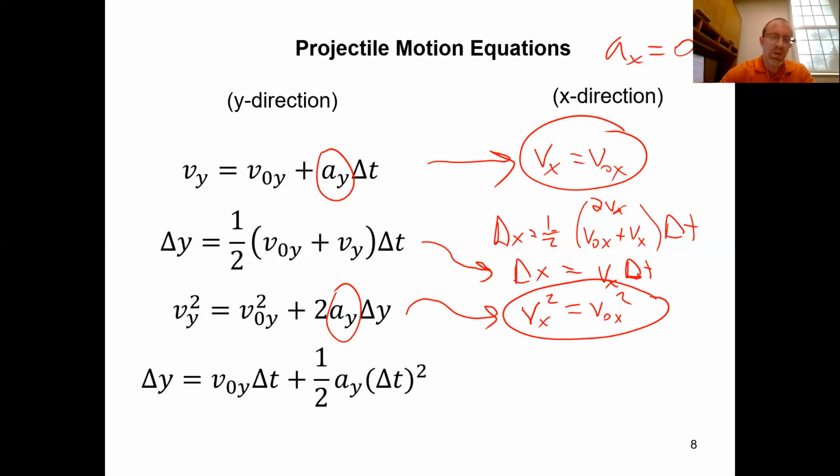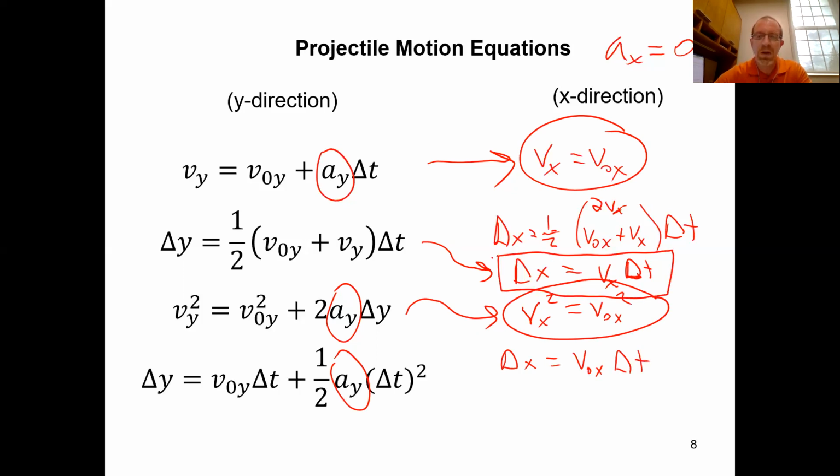All right, well, what about the last one? Again, my acceleration in the x direction would be 0. And this guy right here would just reduce to delta x is equal to V naught x delta t. If you look at that one, let's put a box around this guy and a box around this guy.